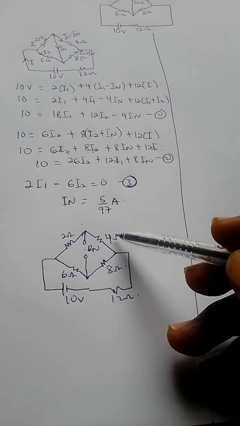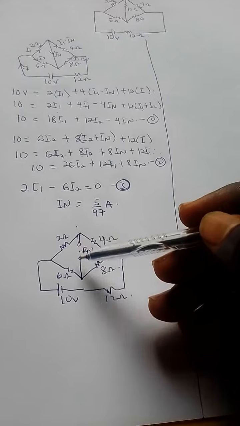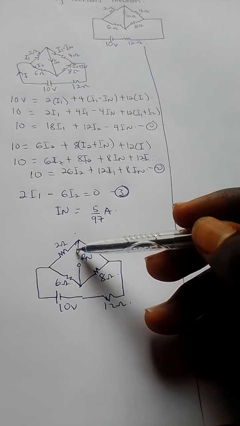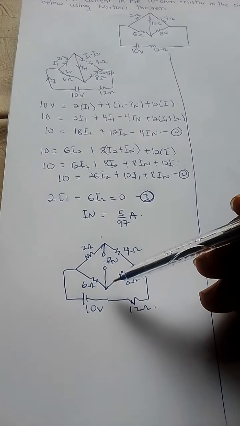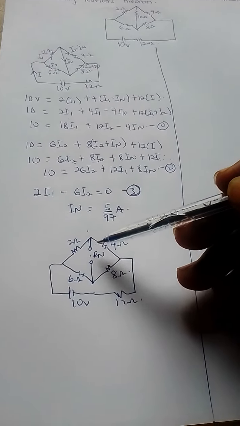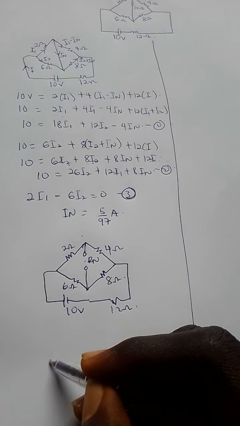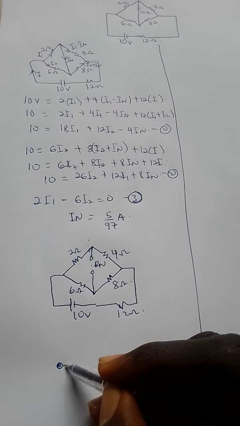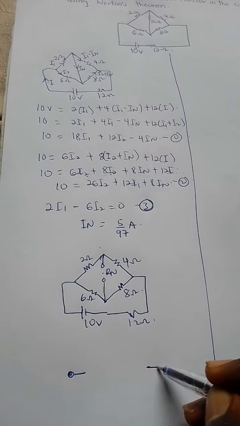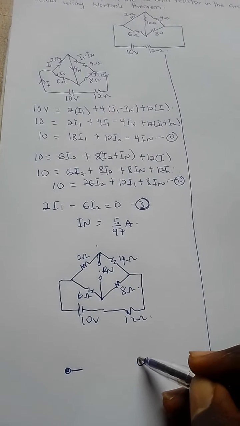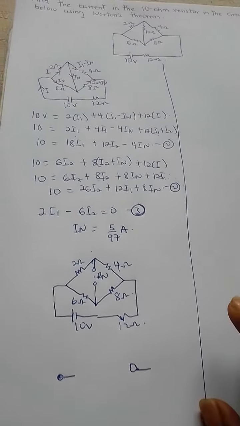So we have to find the total resistance across this open terminal. What we are going to do is open this wide so that you find the effective resistance across the two terminals. It should look like one terminal here, then the entire circuit in between, and another terminal here. So how do we do that?